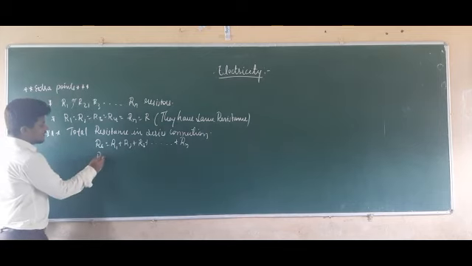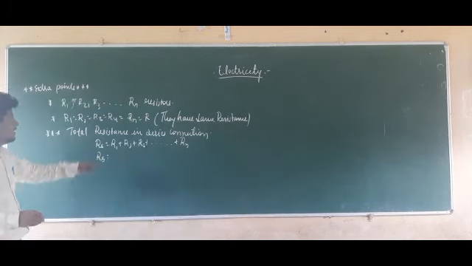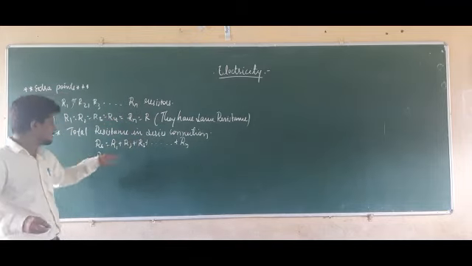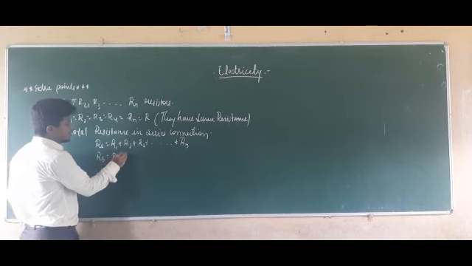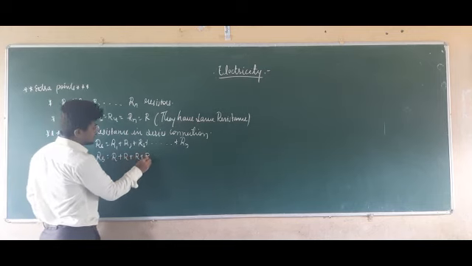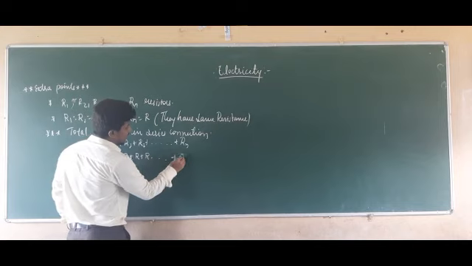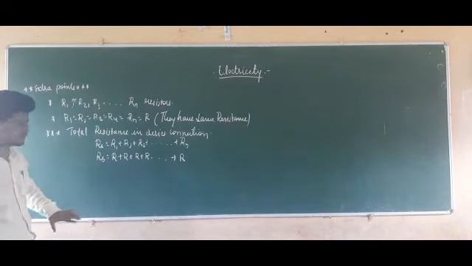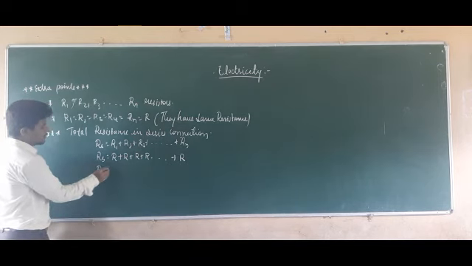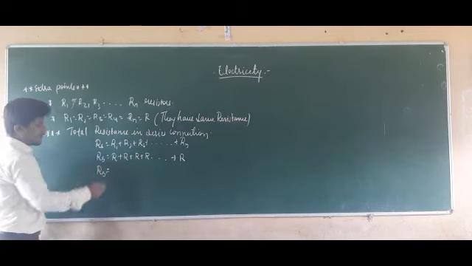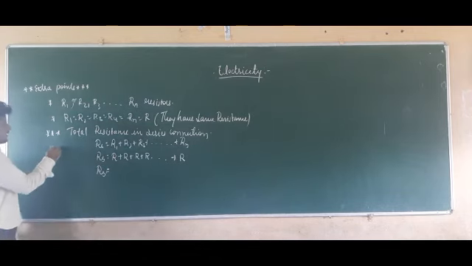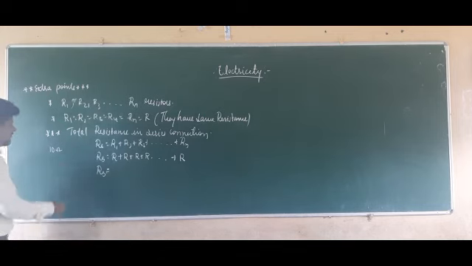Therefore, what is the value of R1 here? It is equal to R only, since all the resistors have the same resistance. Therefore Rs equals R plus R plus R plus so on up to R, since Rn also has the same resistance R. Let R be 10 ohms and the number of resistors be 5, each with the same resistance.